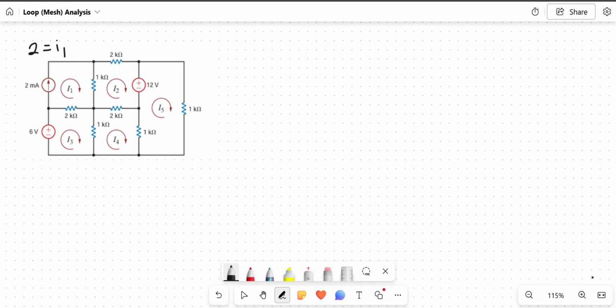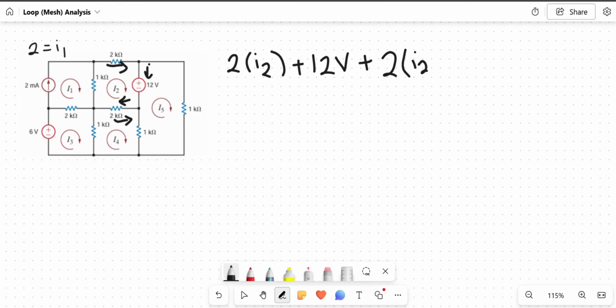So now starting off with up here, this can be written as 2 kiloohms times I2, since it's not touching any other meshes. This goes in from the positive 12, so this becomes plus 12 volts. Plus it goes down here, while the I4 is going the opposite way, so this will be written as 2 kiloohms times I2 minus I4, since they're opposing directions, plus it goes to the 1 kiloohm, which is opposing direction with the I1.